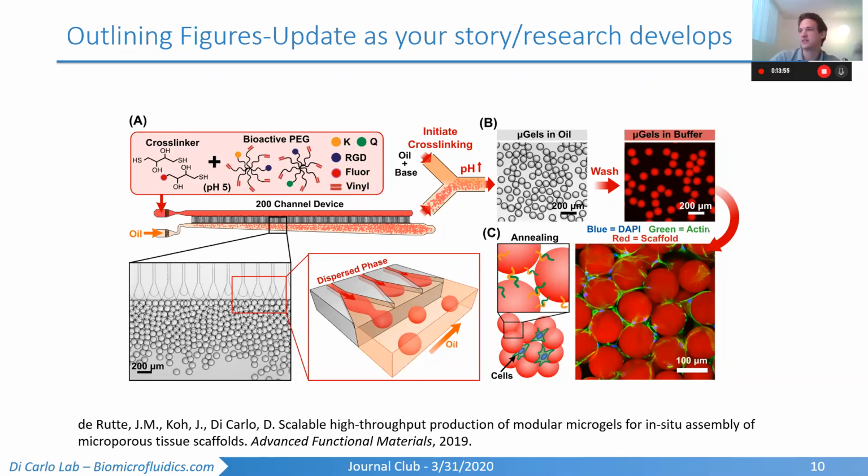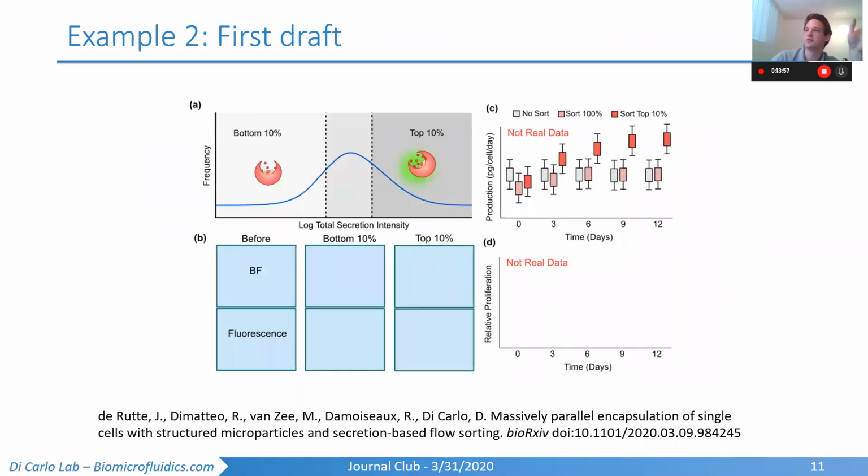Here's another example from a recent preprint that we posted on the droplet secretion work. Sometimes I'll just include filler schematics, or put in some placeholder data that's not necessarily real, just to get an idea of what I might want the reader to visualize.